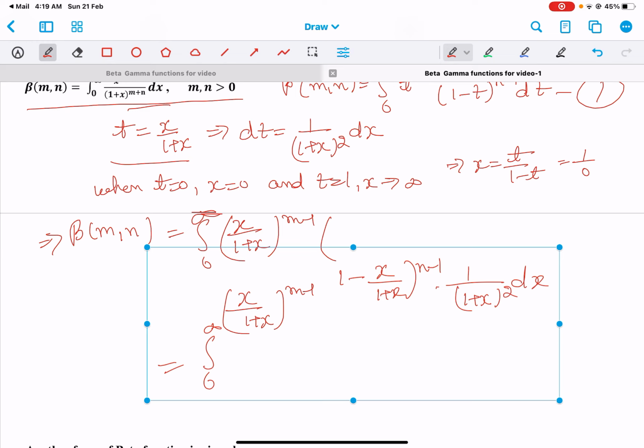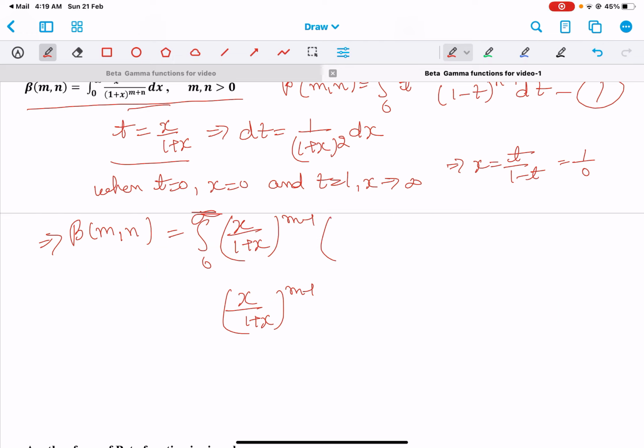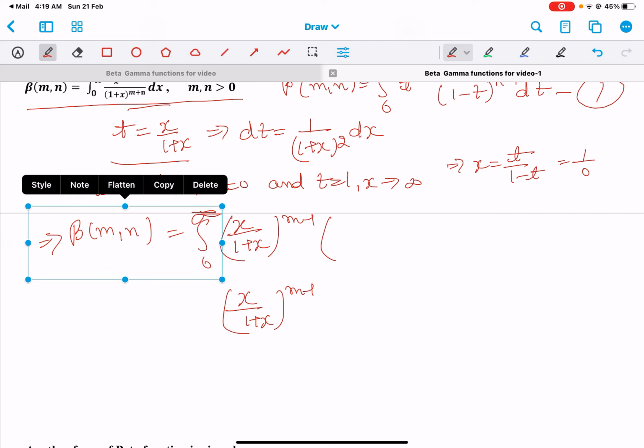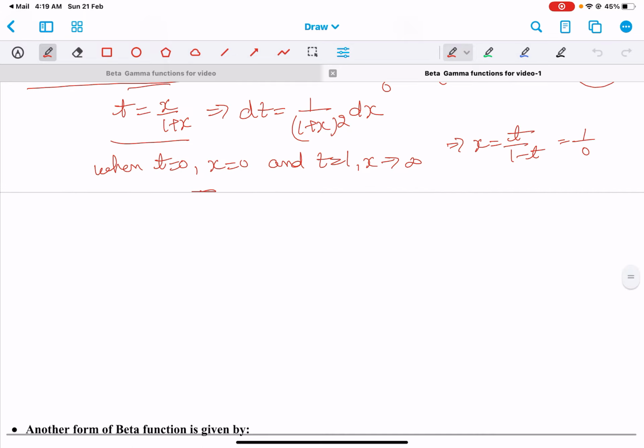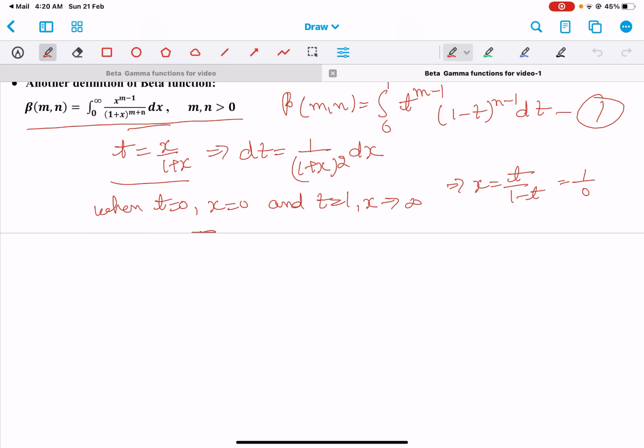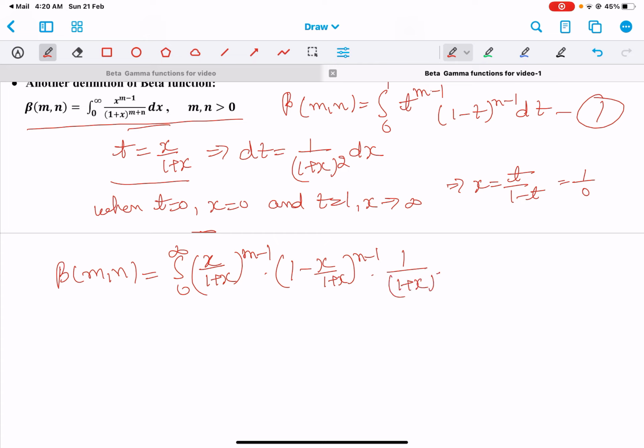I think this has changed a bit. Let me rewrite it. So substituting these values in expression 1, I get beta mn equal to integral 0 to infinity x upon 1 plus x to the power m minus 1 into 1 minus x upon 1 plus x to the power n minus 1 into 1 upon 1 plus x whole square dx.